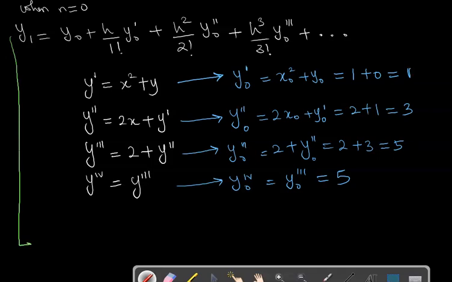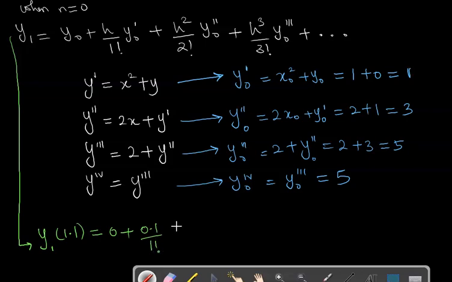We have our y1, which is actually the y1.1 that we want to get. Our y0 is what we're going to begin to substitute. Our y0 is actually 0 plus our h, which is 0.1 over 1 factorial.